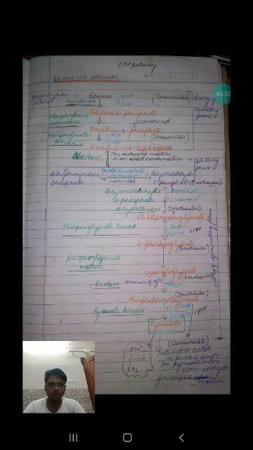The enzyme catalyzing this reaction is called phosphoglycerate mutase. A mutase is an enzyme that catalyzes the transfer of a functional group from one position to another position. So the enzyme which transfers the 3 phosphoglycerate molecule to the 2 phosphoglycerate molecule is phosphoglycerate mutase.